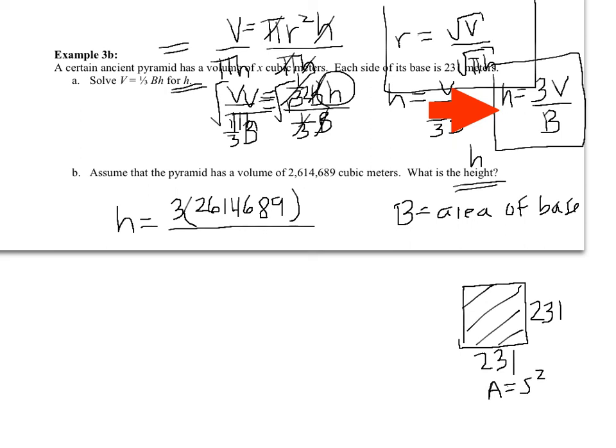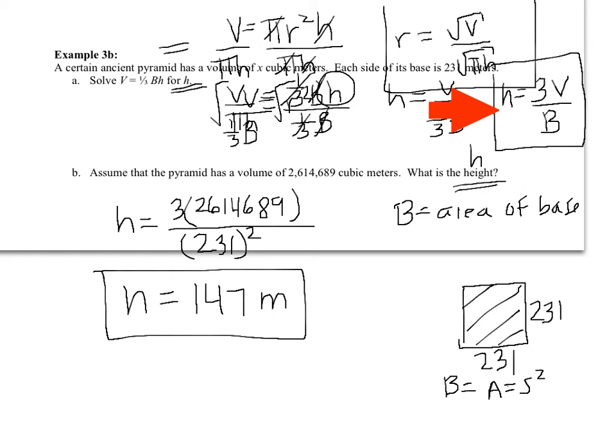So B for the bottom would be 231 squared. Make sure you do the squared first and then you do the rest of the division. You should get an answer of 147 meters for the height. h equals 147 meters.